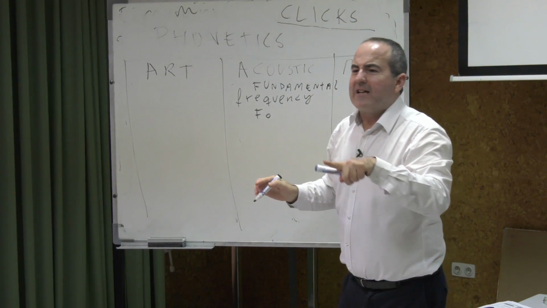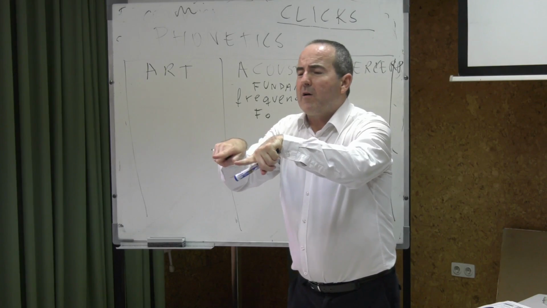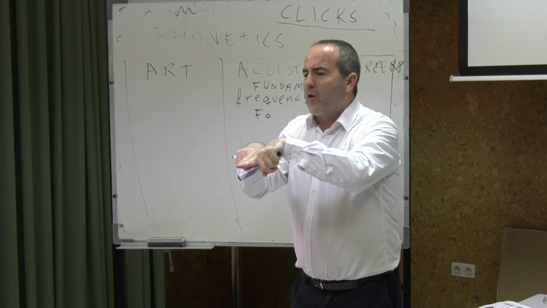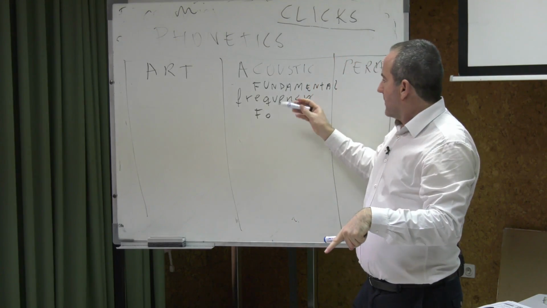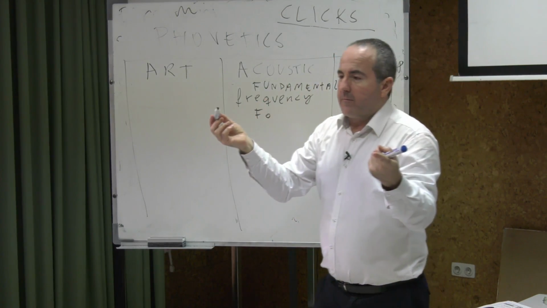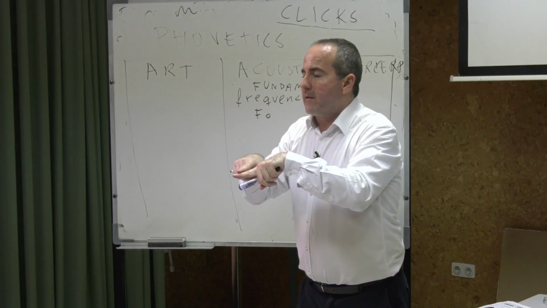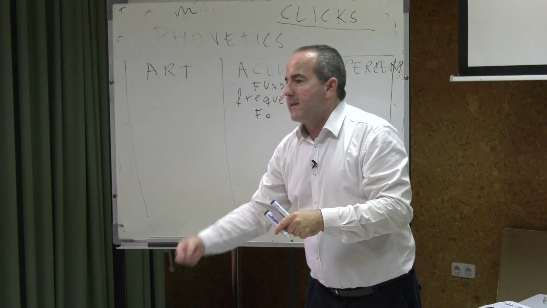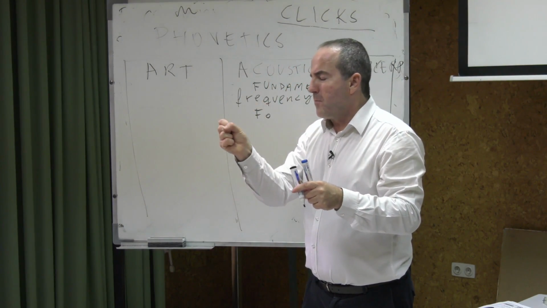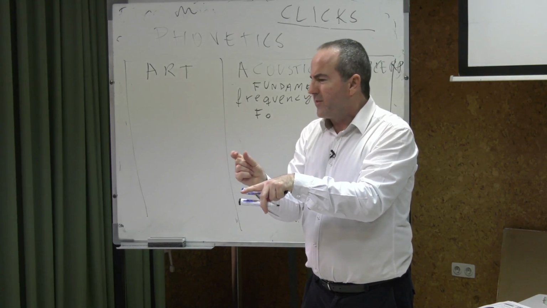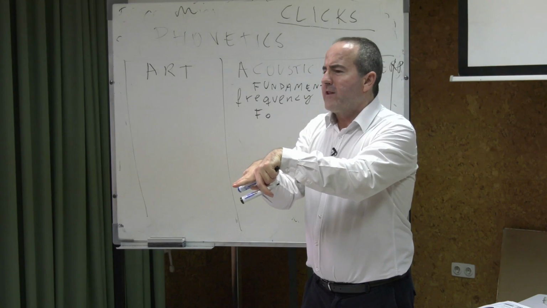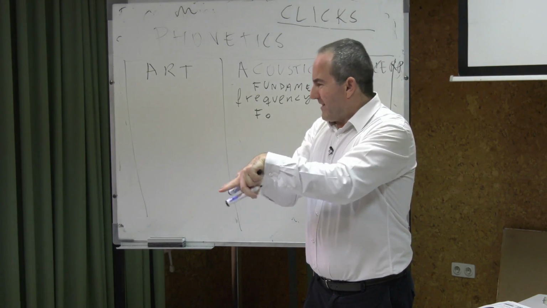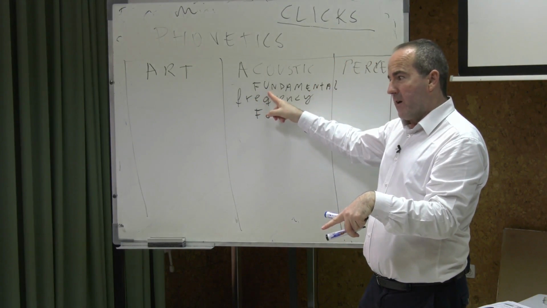And this has to do with the number of times that the vocal folds vibrate per second, okay? We already know that if you are a child, since your larynx is smaller and your vocal cords are shorter, when you put air through the glottis, the vibration is going to be much faster and the frequency is going to be higher, okay?